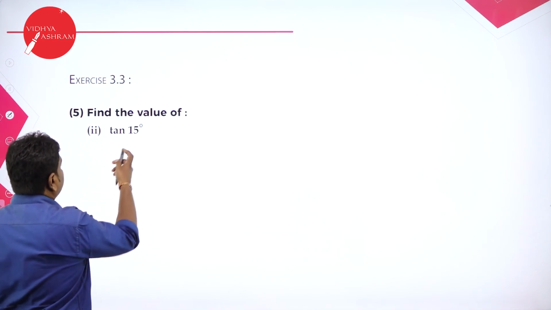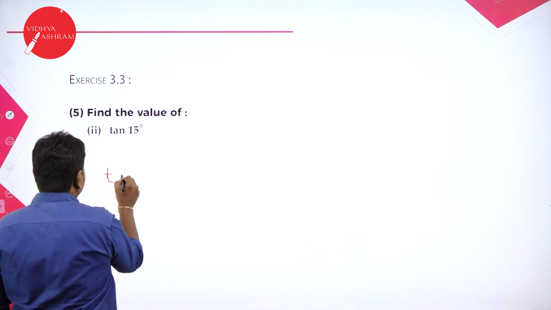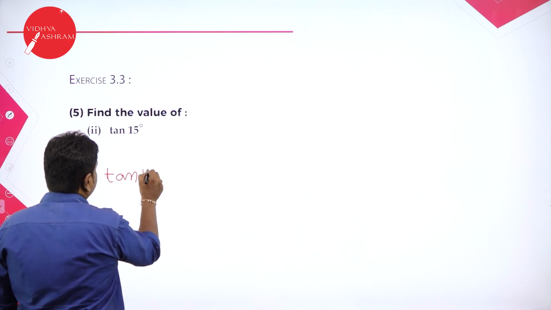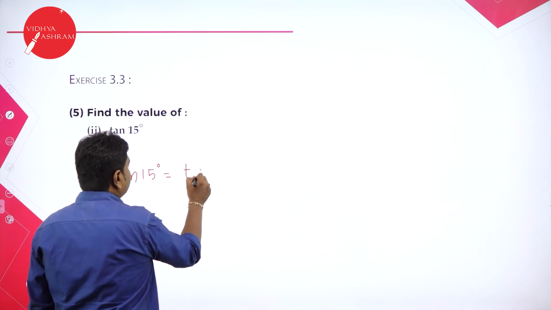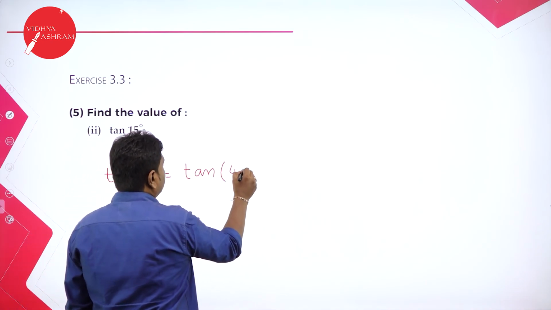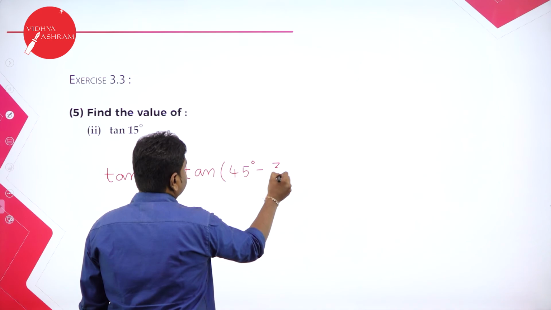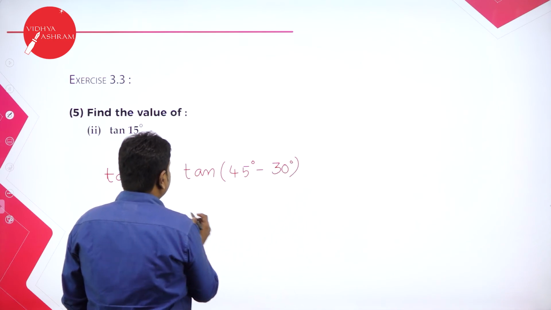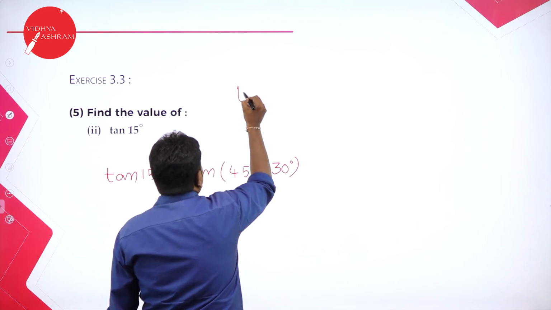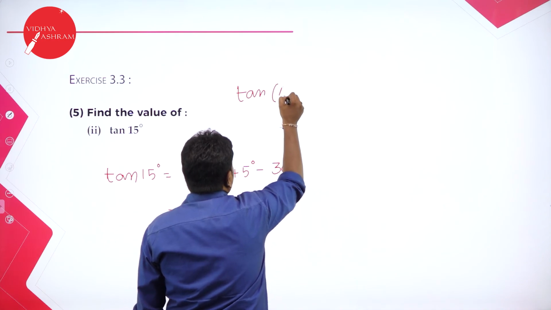Now they want tan 15. So tan 15 degrees is the question. Can I write this tan 15 degrees as tan of 45 degrees minus 30? Now it is in the form of tan of a minus b. What is tan of a minus b? Just now I taught you.